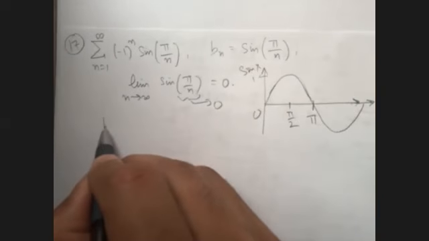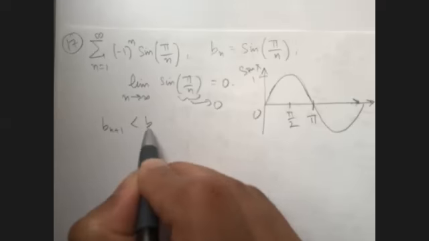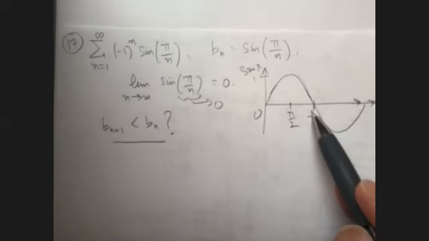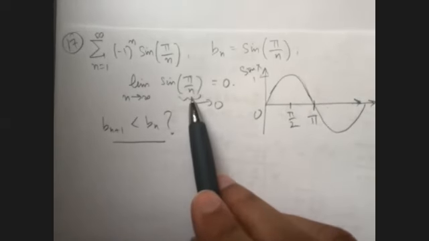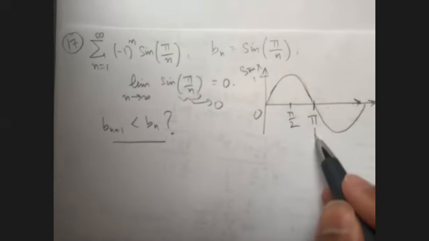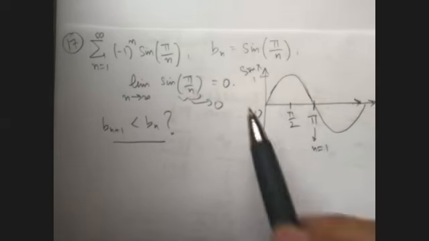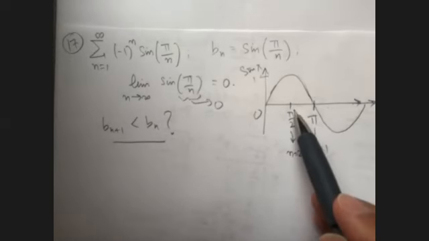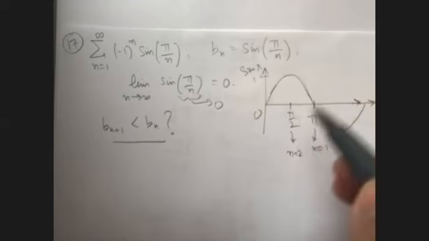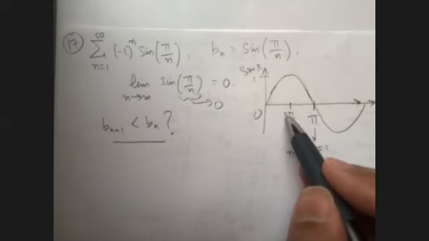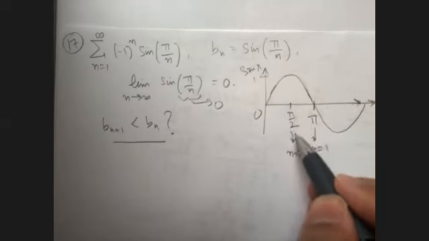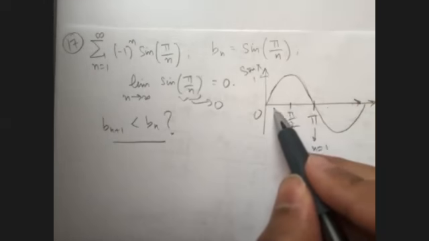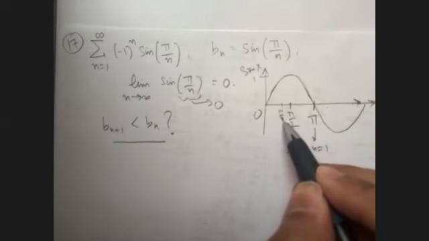Now in order to check Bn plus 1 is less than Bn, so if you look here, n equals 1 is pi, n equals 2 is pi over 2. So for this part is not true because sine of pi over 2 is 1. However, starting from n equals 3, or starting after n equals 2, n equals 3 would be pi over 3.